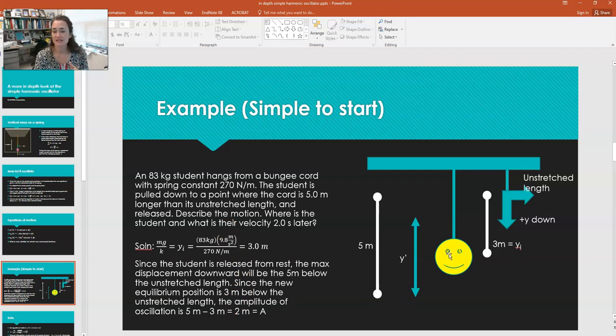So since our new equilibrium position is 3 meters and the max downward displacement from equilibrium is 5 meters, then the amplitude of oscillation of the student will be 5 meters minus 3 meters, which is 2 meters. So I've solved for our amplitude, A, okay, and that's step number 1 in getting to our equation of motion for this student.